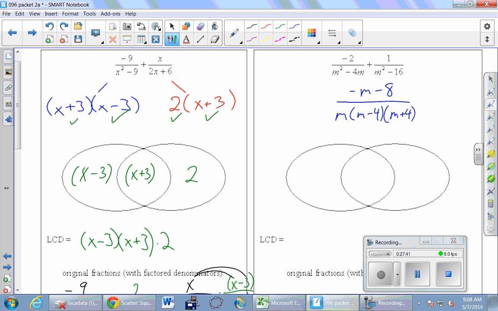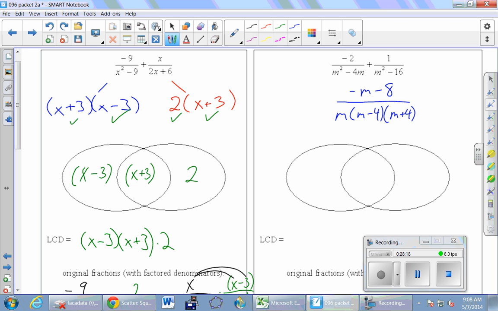Oh, I like that. Okay, this is perfect. This guy right here, you have to distribute the -2. Oh, I've just written the final answer. So you have more work to do, but you have to distribute that -2 into that.